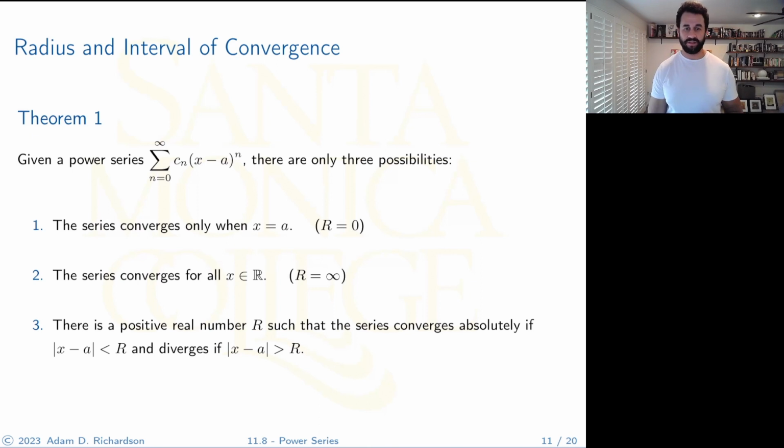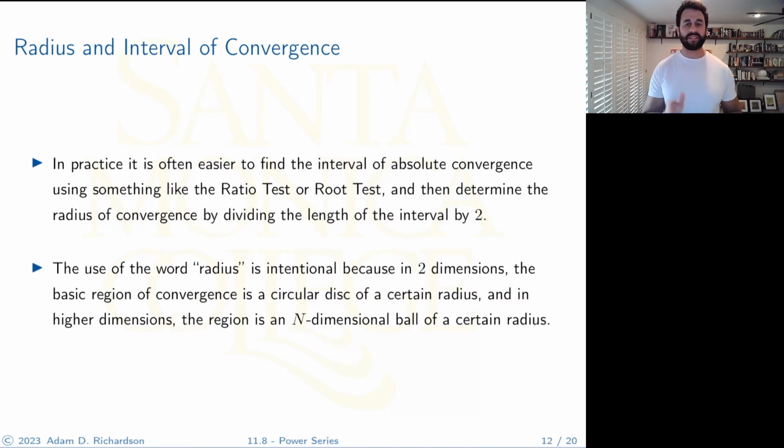Those are the three possibilities. So you either get convergence at a point, convergence everywhere, or a specific finite interval of convergence. Those are the possibilities.